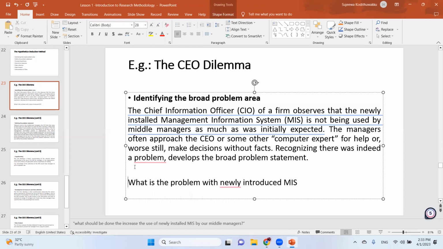What is the problem with the newly introduced MIS? One student mentioned this: what is the problem with the newly introduced MIS? I will copy it. This is the research problem one student mentioned. Is this the research problem?